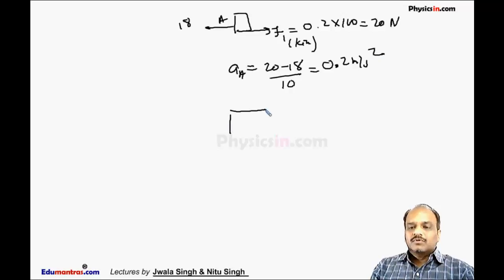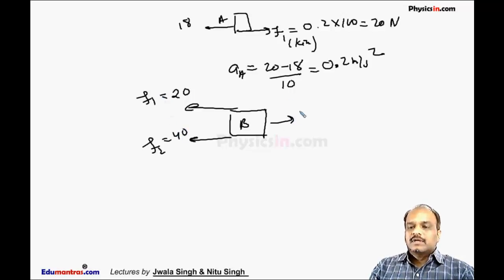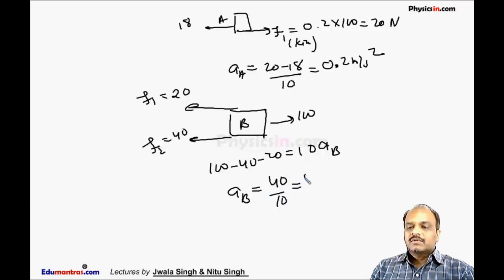In the same way, if we draw the free body diagram of block B, the friction here is 20, this is F1. The friction here is also kinetic, that is 40 Newton, and this force is 100. So we can say 100 minus 40 minus 20 is 10 into acceleration of B. So acceleration of B is 40 by 10, that is equal to 4 meter per second square.